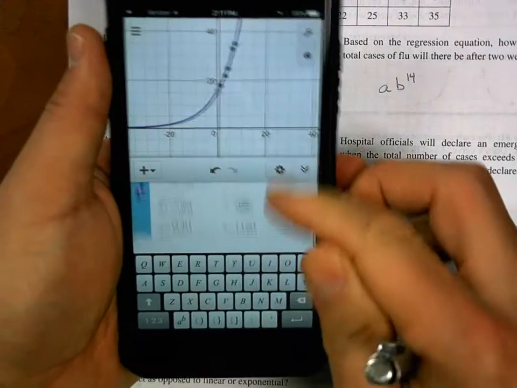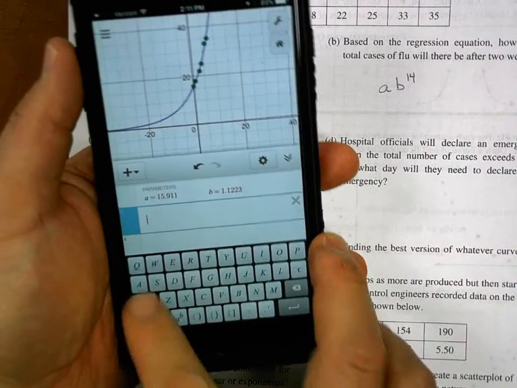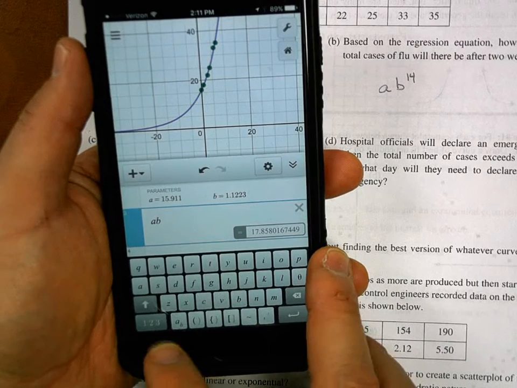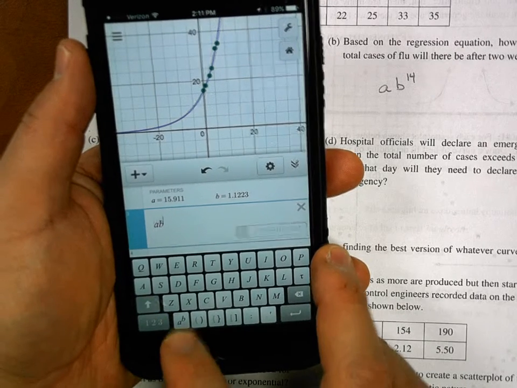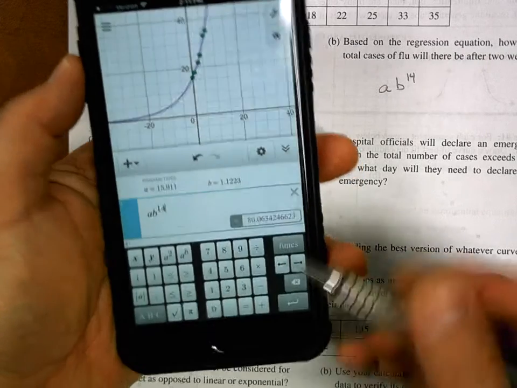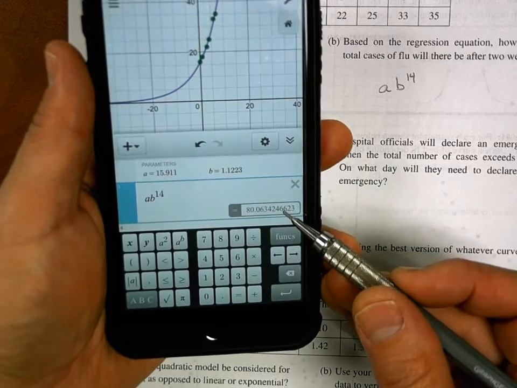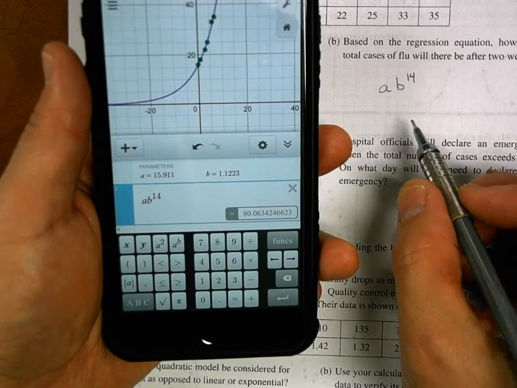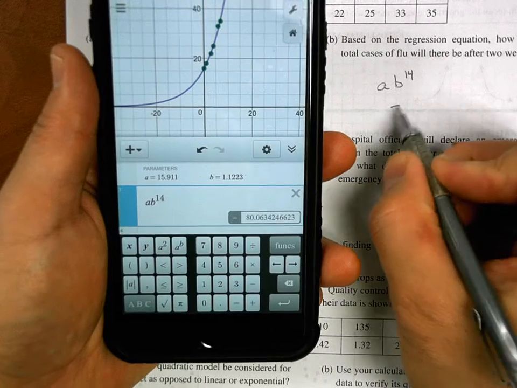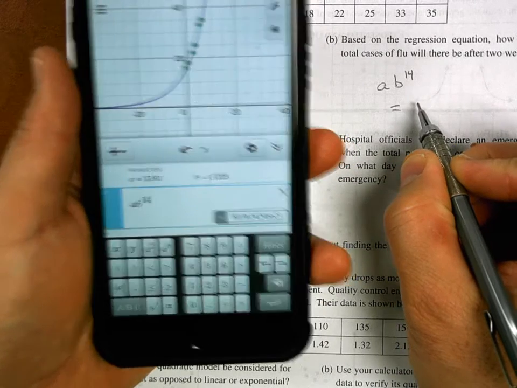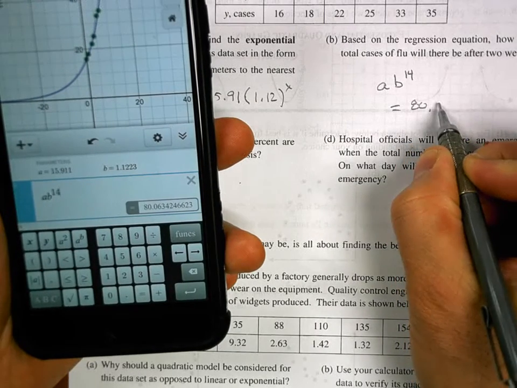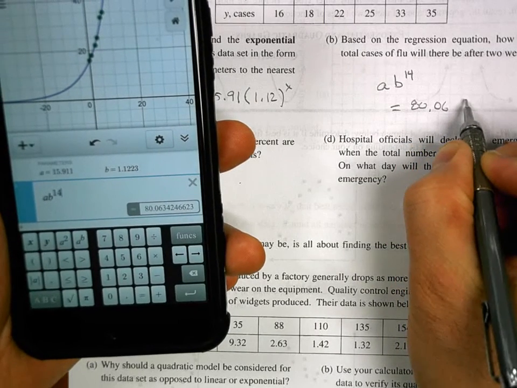Oops, small letter a, b, shift to the number 14, and there we go. If it keeps this pattern, the number of flu cases, what did you guys get? 80.06 flu cases.